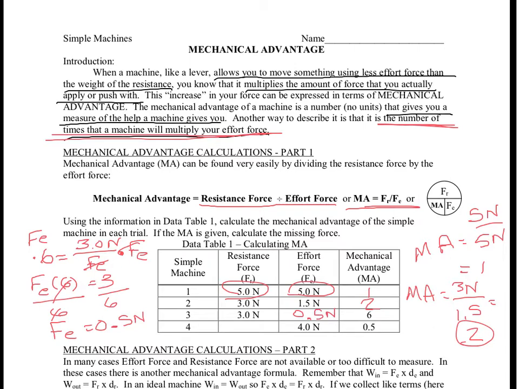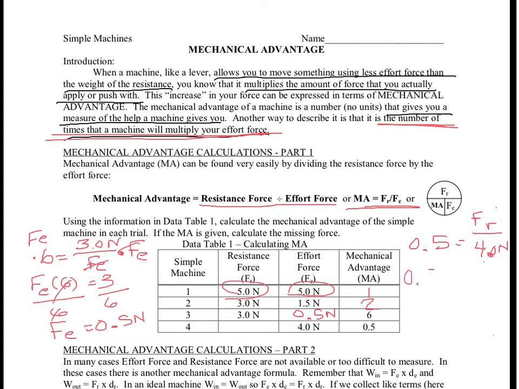And the last one, I'm going to do the same thing. I'm just going to plug into my formula and solve for my variable. So this time I know that my mechanical advantage is 0.5. I am looking for my resistance force, and I know my effort force is 4 newtons. So I'm going to multiply both sides by 4.0.